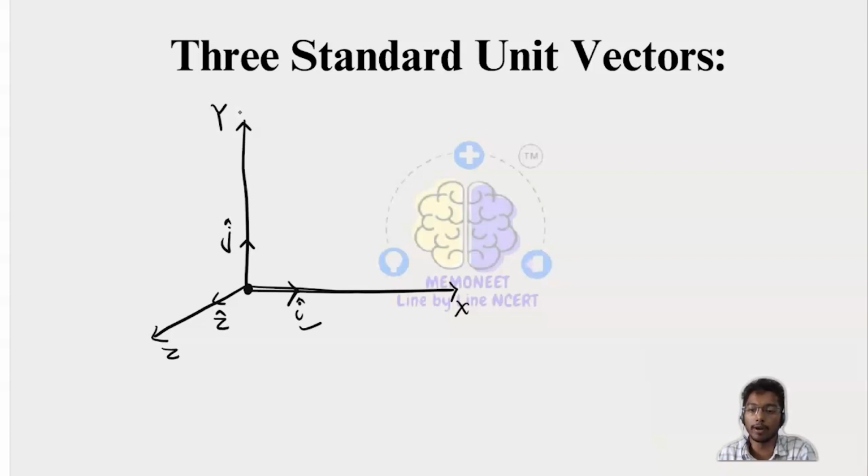These are the unit vectors i, j, k. The i cap is directed along the x axis, j cap is directed along the y axis, and k cap is directed along the z axis.